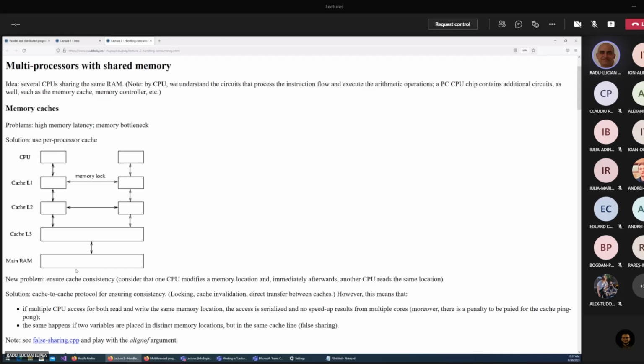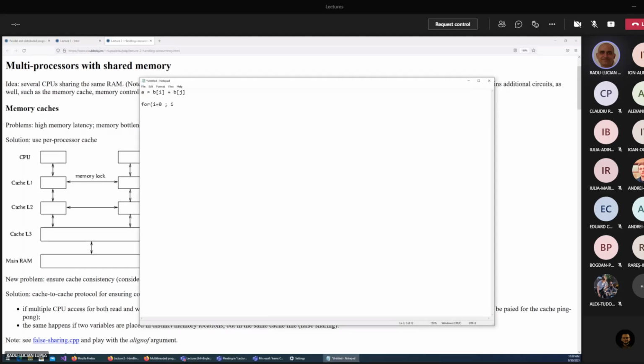What it means for us. It means that if I have a matrix and I'm doing something like this: for i equals 0, i less than n, plus plus i, for j equals 0, j less than n, and then, okay, let it be the same, n, plus plus j.